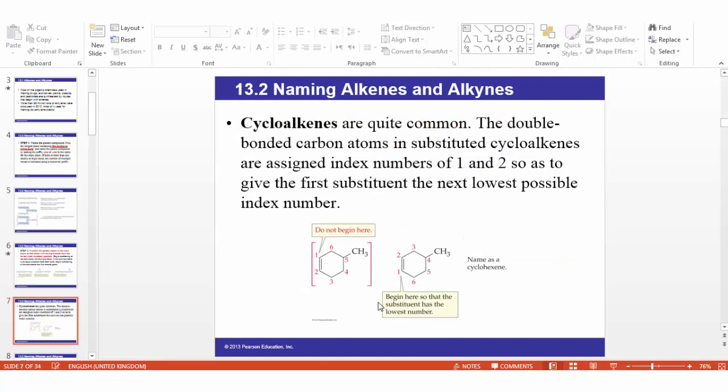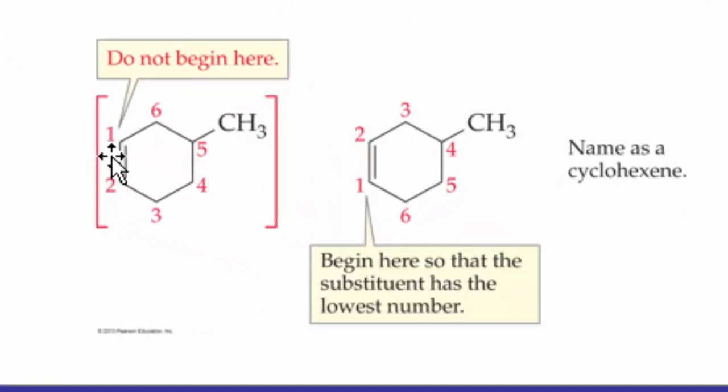Cycloalkenes are quite common. The double bonded carbon atoms in substituted cycloalkenes are assigned index numbers of 1 and 2 so as to give the first substituent the next lowest possible index number. Here, do not begin here. Begin here.